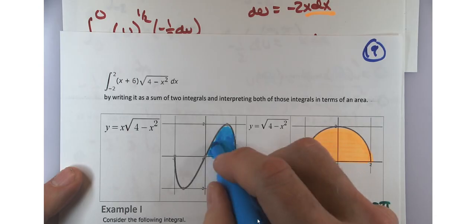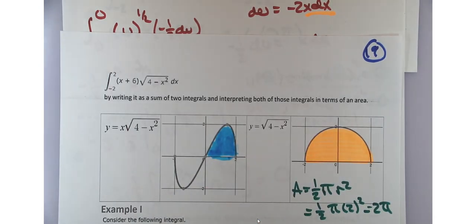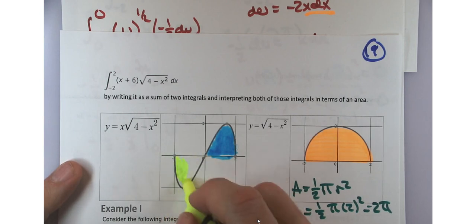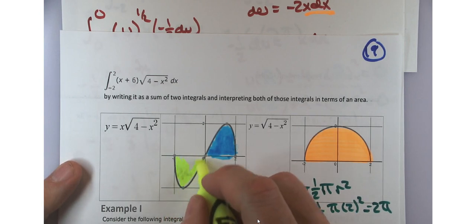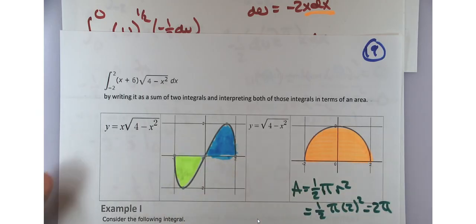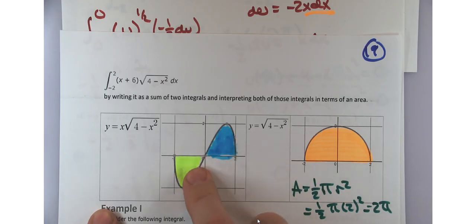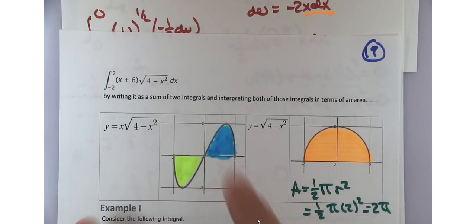And then another one down here. Can anyone explain in terms of geometry why I ended up with a 0? They cancel each other out. This one and this one are the exact same thing, except that this one's below the x-axis and this one's above the x-axis. So when you integrate there, you get a big goose egg.